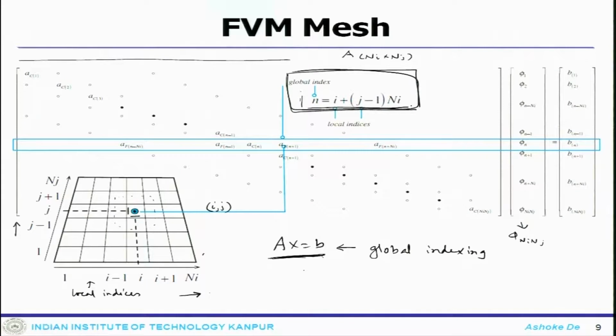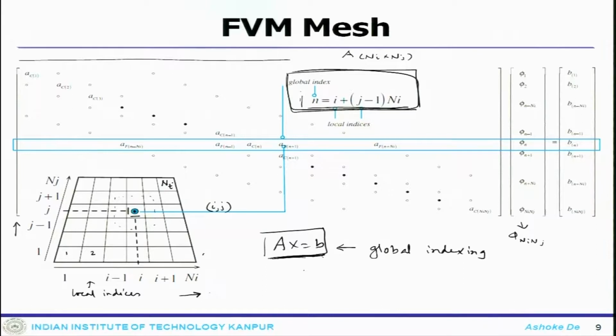The reason being, your final linear system or the discretized system is going to give you a linear system like Ax equals b, and the matrix A can only be handled using the global indexing system. The x vector will be all the variables for the elements from 1, 2 up to n_t, the total number of elements.